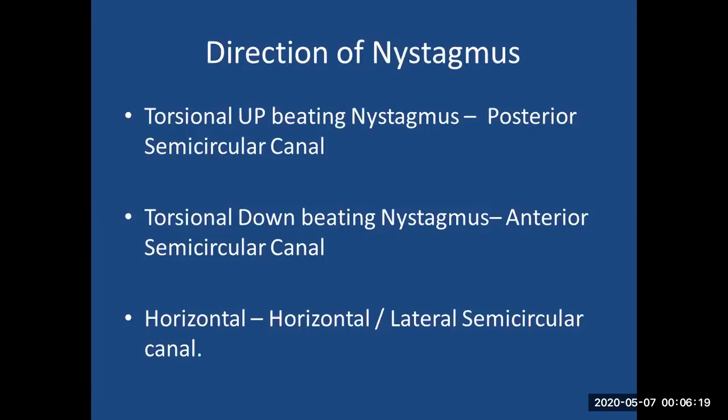So this gives us a rough idea about which particular canal is involved. Sometimes the same nystagmus can be elicited by doing other maneuvers too, but initially whichever particular maneuver was done to elicit that response, that particular semicircular canal is involved.